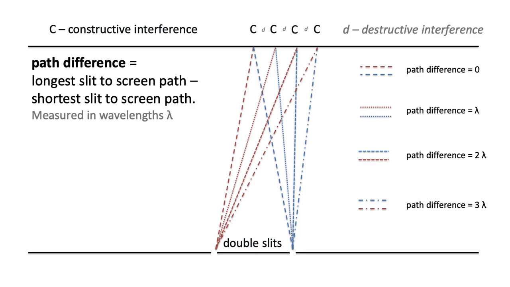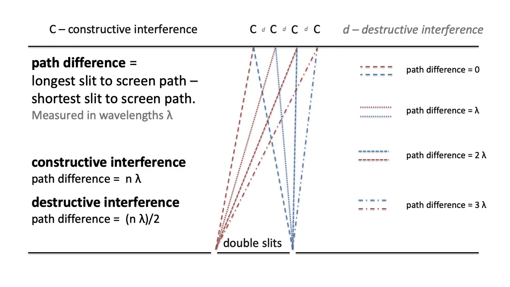When it has a half wavelength component, we will have destructive interference. So we have 2 rules. The rule for constructive interference is that the path difference is n lambda, where lambda is the wavelength and n is some integer number, including 0. And destructive interference is where the path difference is n lambda divided by 2. So half, 1.5, 2.5, 3.5, etc.